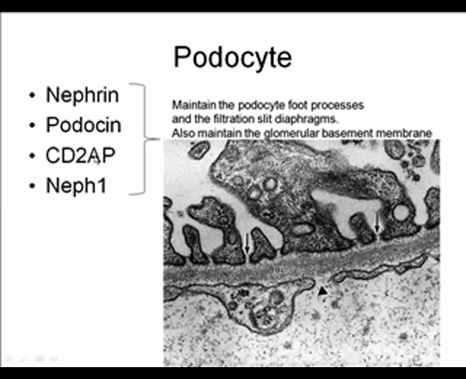As I said, nephrin, podocin, CD2AP, and NEPH1 are going to be important in maintaining these foot processes and the filtration slits that you see here. And they're also going to be important in maintaining the basement membrane of the nephron in between that podocyte and the endothelial cells.